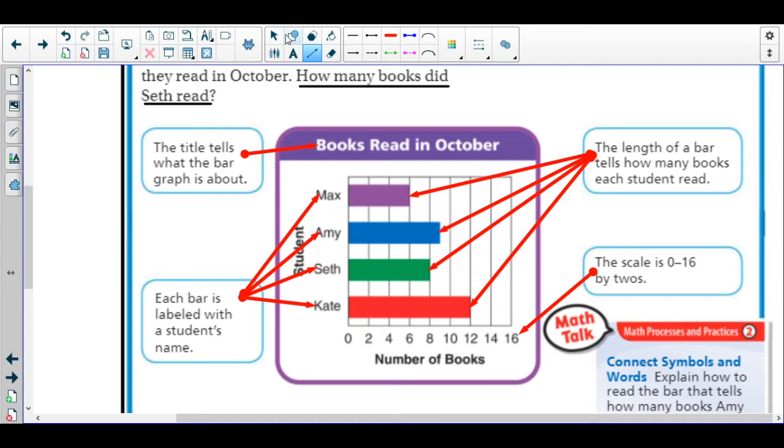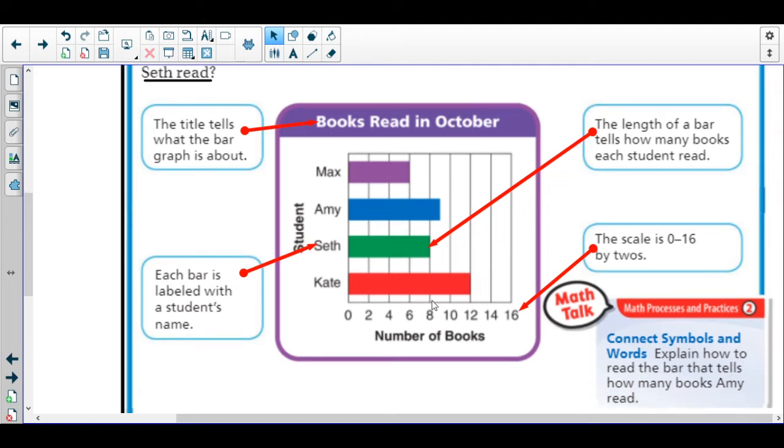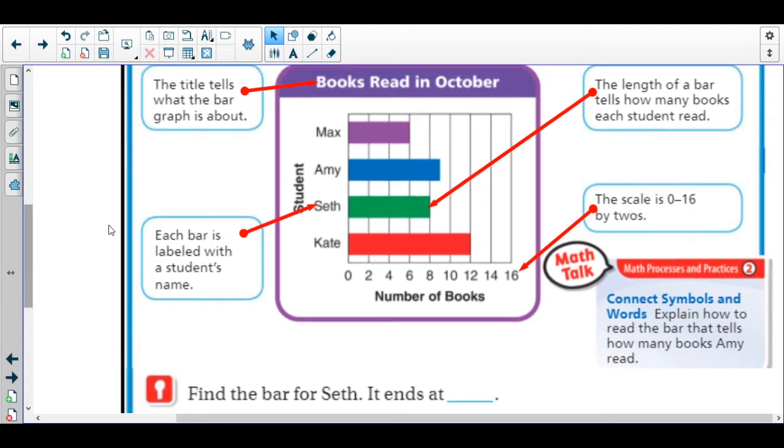So let's really focus in here on Seth, because he was the one this question is about. Find the bar for Seth, which is right here.